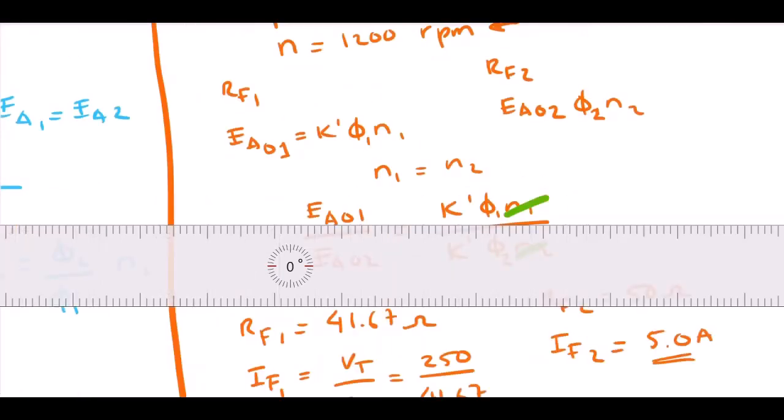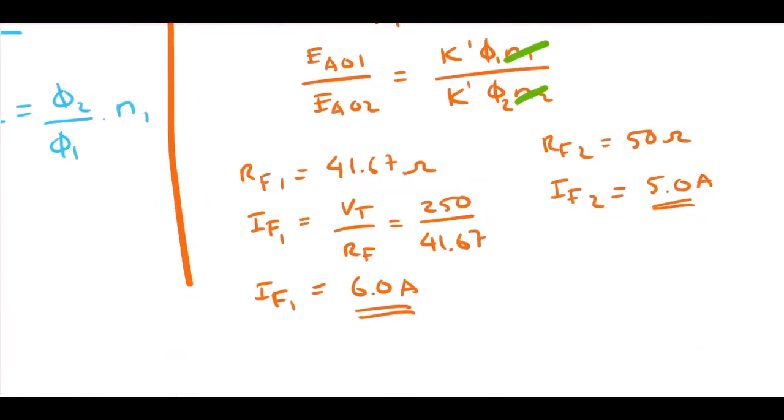So by using the curve, then we know for the If1 we've got the EA01, which is the internal generated voltage at the base speed 1, which is referring to when the RF equals 41.67, EA0 is equal to 250 volt.